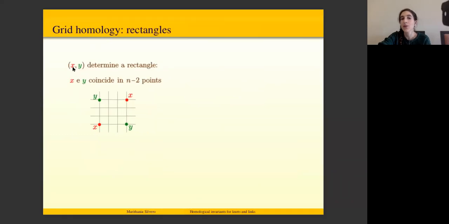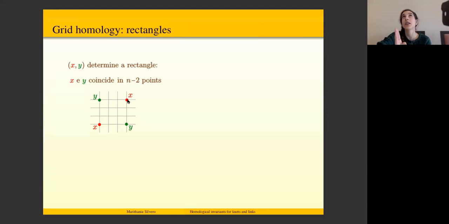Well, we say if we have 2 generators, X and Y, in a grid diagram, we say that X and Y determine a rectangle if X and Y coincide in n-2 points, meaning in the rest of the points they coincide, but in the other 2 they are different.